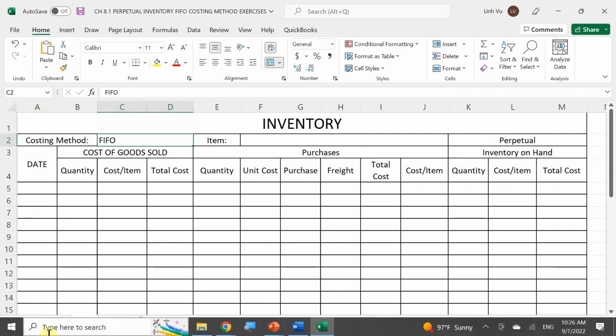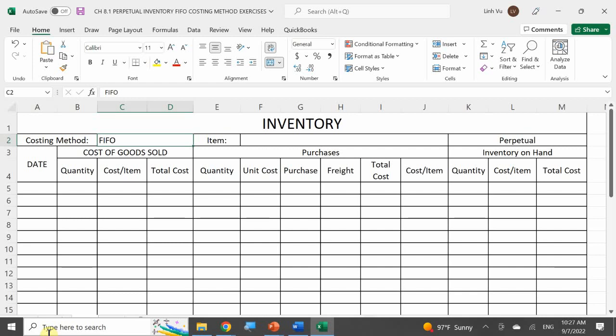If you break it down, there are 3 columns from left to right. You got the cost of goods sold, which is 3 columns, right? That's your quantity, cost, and total cost, right? Then you have your purchases, which is your standard 6 columns, which is your quantity, unit, purchase, freight, total, and the cost per item. And then you have your inventory on hand.